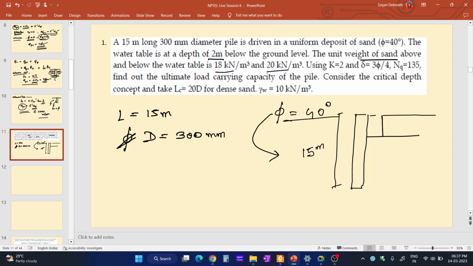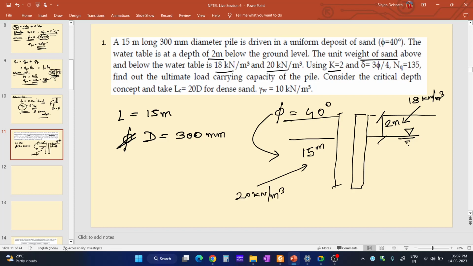Suppose this depth is 2 meter and the water table is over here. The unit weight of sand of this part is 18 kilonewton per meter cube, and the unit weight of this part below the water table is 20 kilonewton per meter cube.